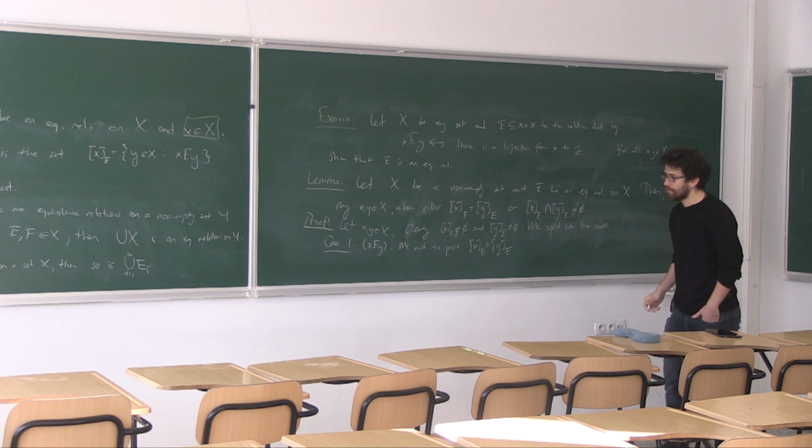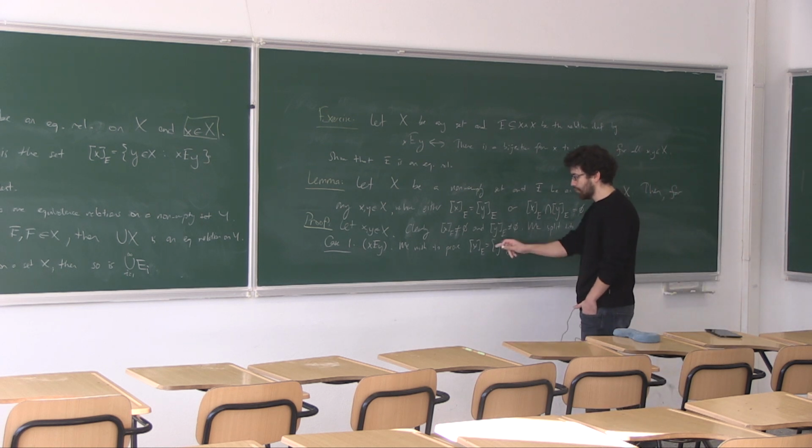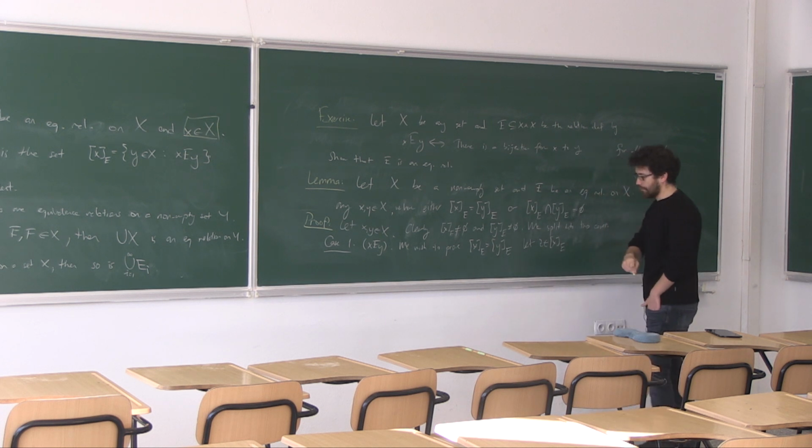We wish to prove that the equivalence classes are the same. How do we show that two sets are the same? We show that they have the same elements. So let z be in the equivalence class of x.